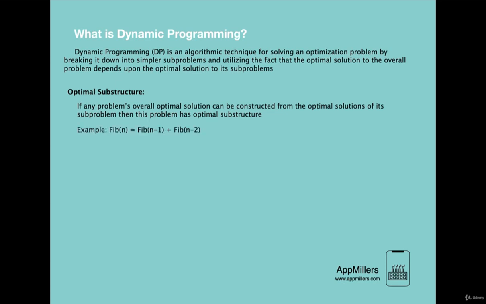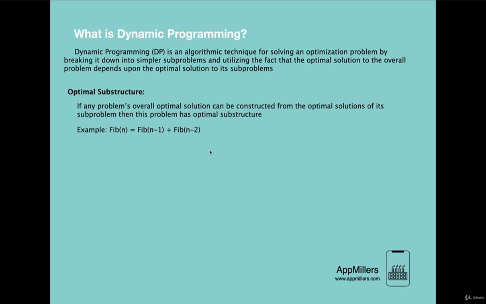An example of this property can be Fibonacci numbers, where we can divide this problem into subproblems. So as you can see, fib(n) equals fib(n-1) plus fib(n-2). So this means that we are dividing this problem into subproblems, finding them and combining them together to find the solution for the main problem. So this property is the same as the one that we have in the divide and conquer algorithm. So here also we have this property.